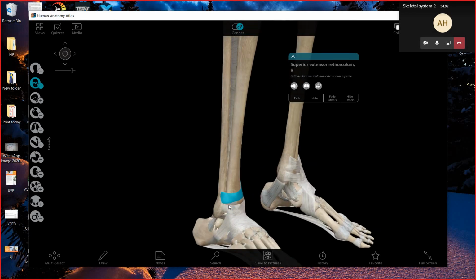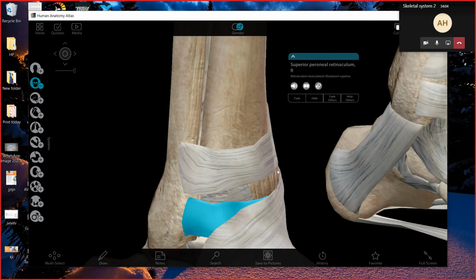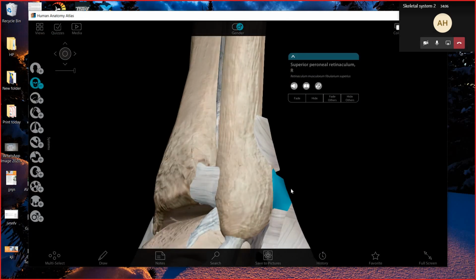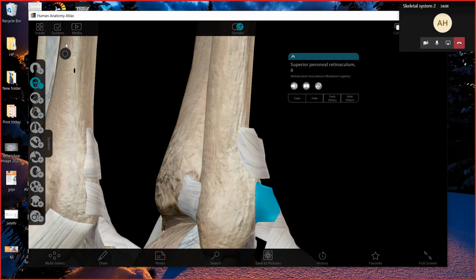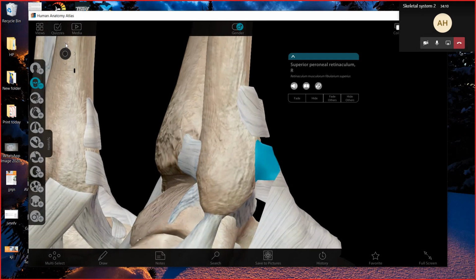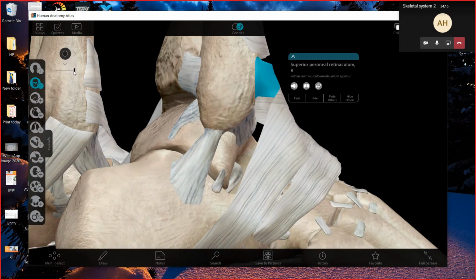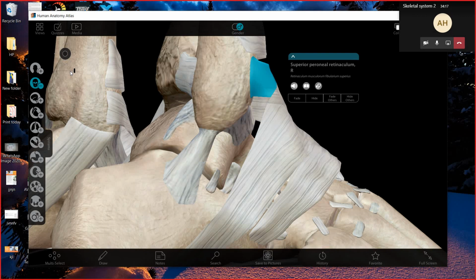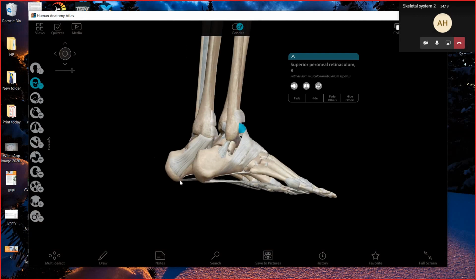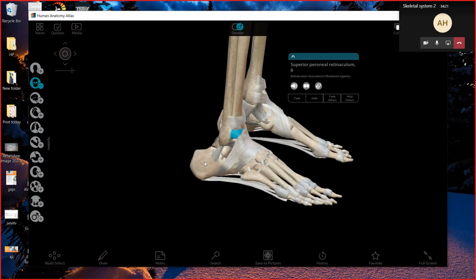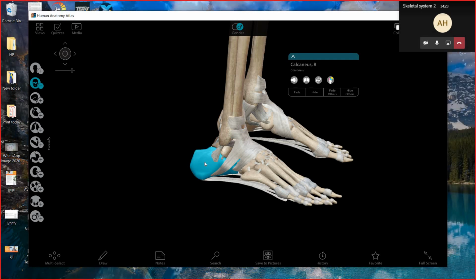The bones of our feet. This is called calcaneus, but we will not study them.